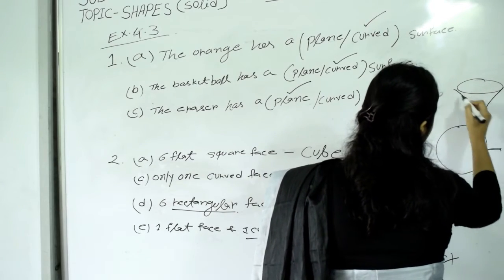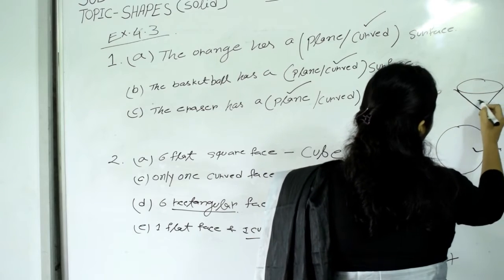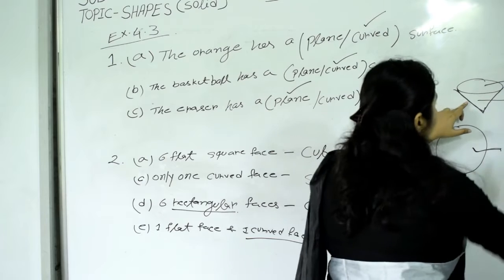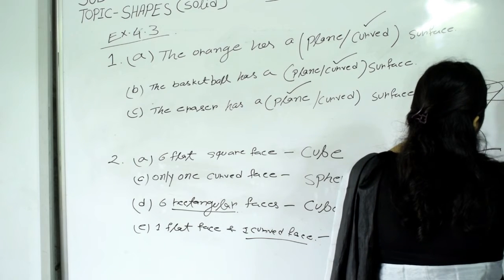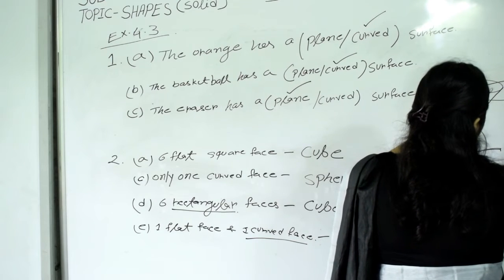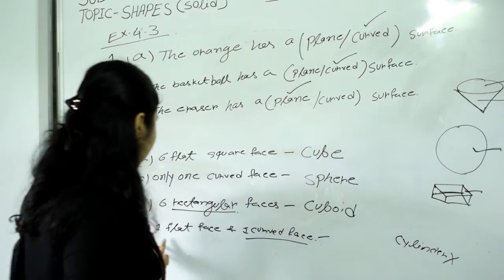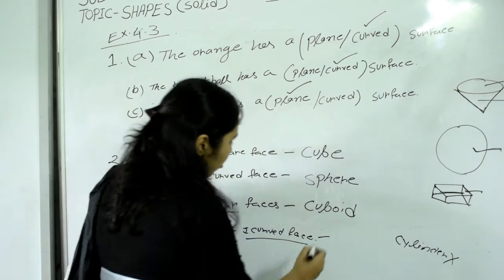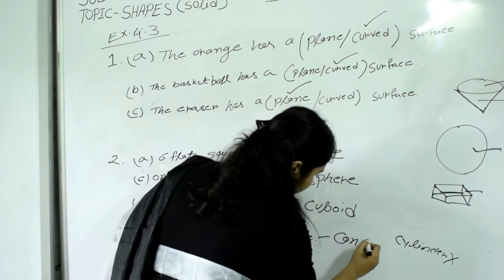A cone has one curved surface and one flat face, right? So here one flat face and one curved face. So our right answer is cone.